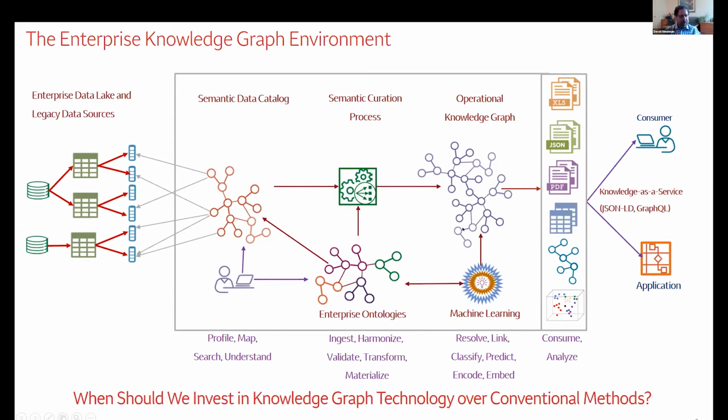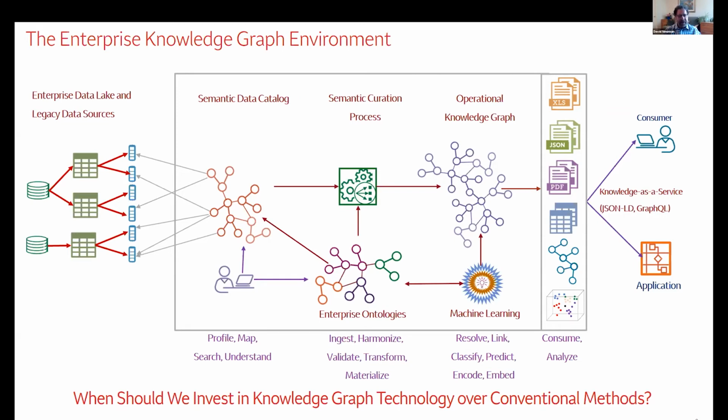So the question here is, when should we invest in knowledge graph technology over conventional methods? While I was talking about a lot of the limitations of legacy technology, I want to be very clear that relational technology is going to be here for many, many years to come.